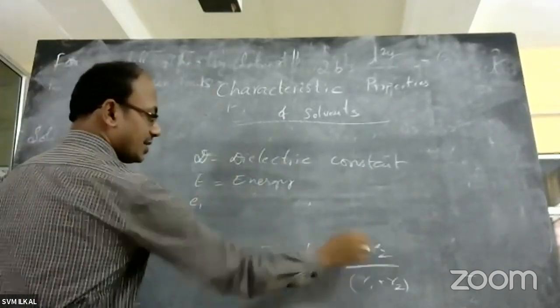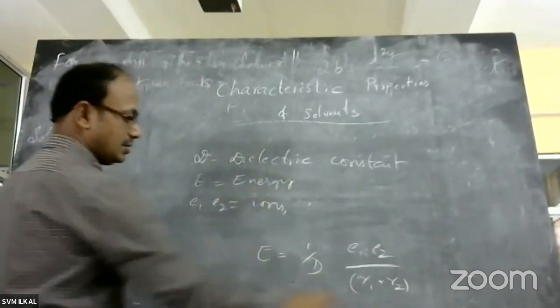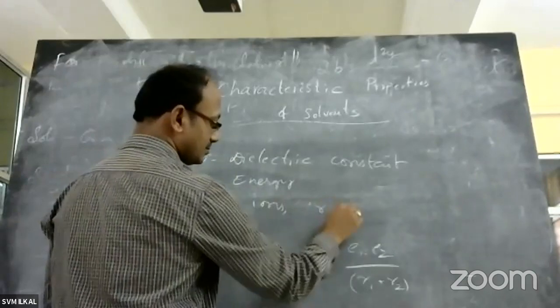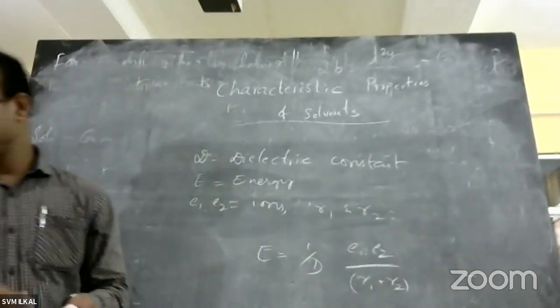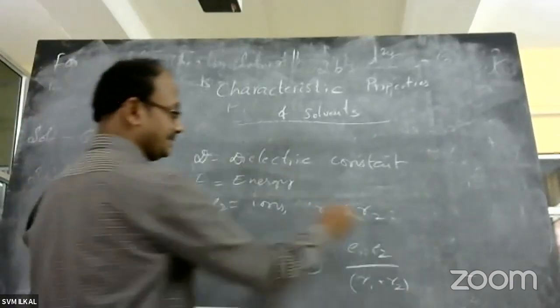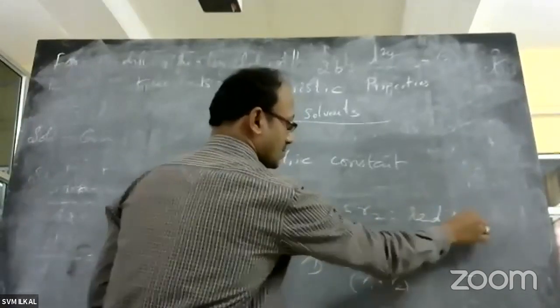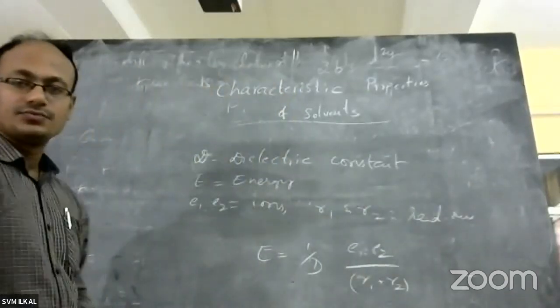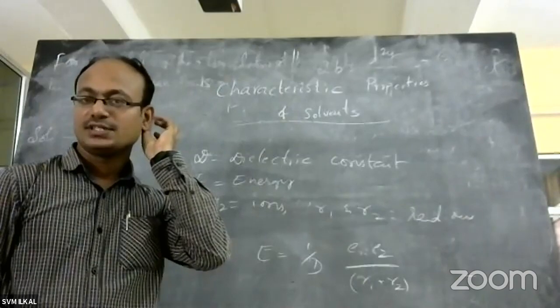Here, E1 and E2 represent the ions, then R1 and R2 indicate the radius. So from this we can derive the dielectric constant nature of the solvent.